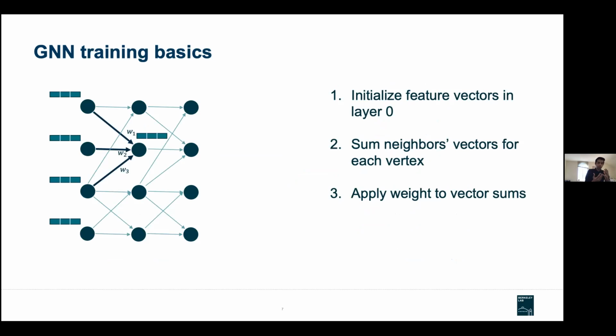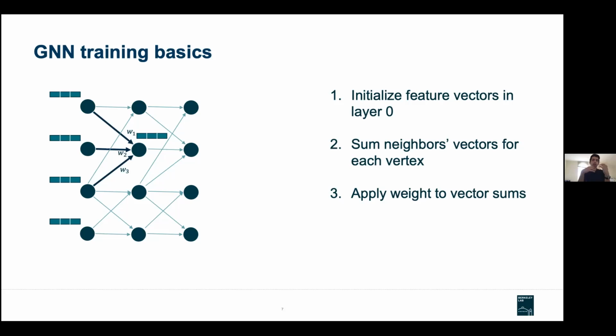Essentially we can talk about graph neural network training in terms of 3 steps. We first need to initialize the feature vectors per vertex in our graph in layer 0. We can also think of this as the input to the graph neural network. Once we have these input feature vectors, we go over each vertex in the graph and do this aggregation step where we sum the neighbor's feature vectors for each vertex in our graph.